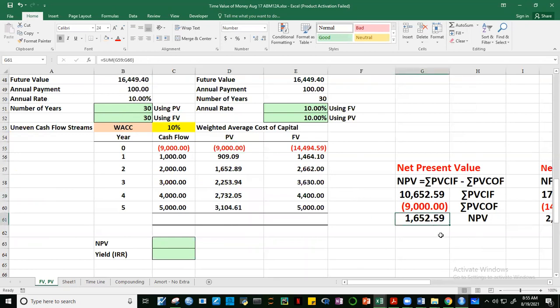Pag positive yung net present value, then okay yung project, no? The project is okay. So in this case, we say that the project is feasible because the sum of the present values is positive, greater than 0. So we're okay. All right.